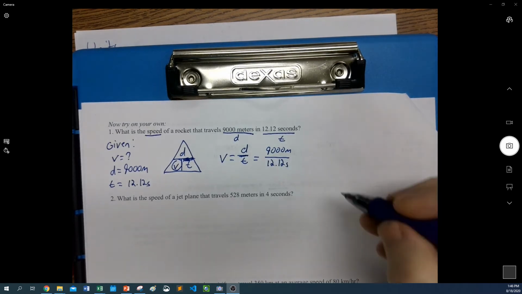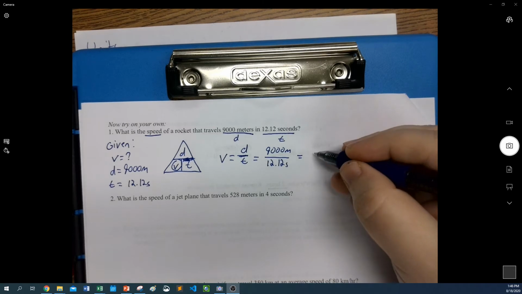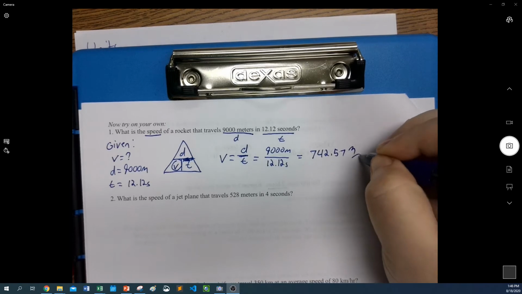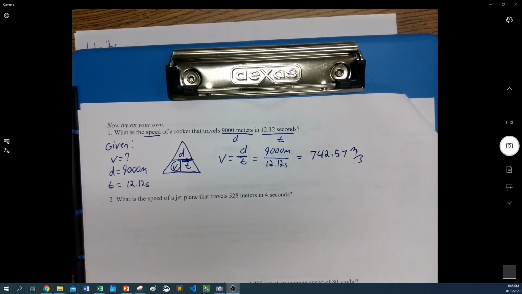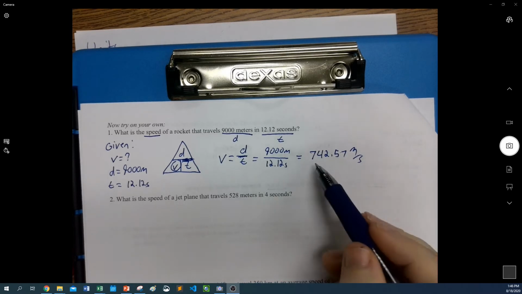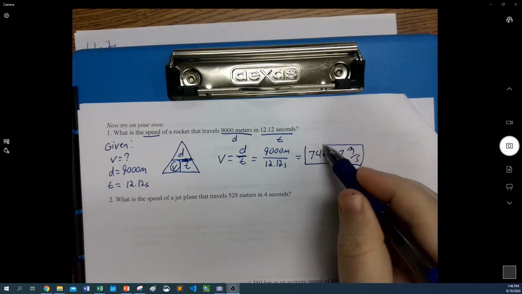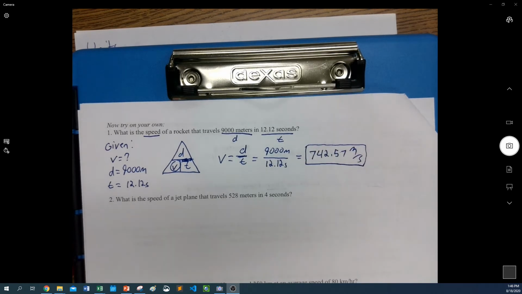Plugging this in, you'll get 742.57 meters per second. When writing your answers, put about 4 or 5 digits, 4 or 5 numbers, like I did here. Do not just round it to 743.